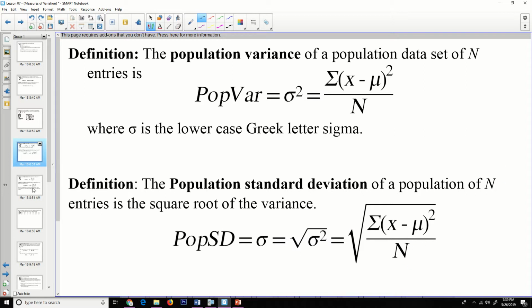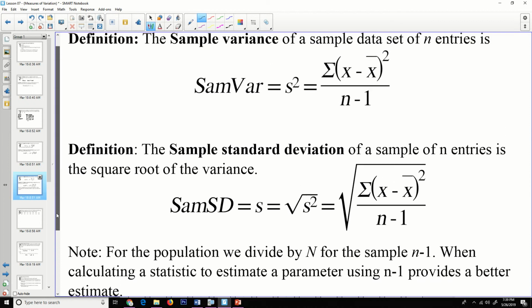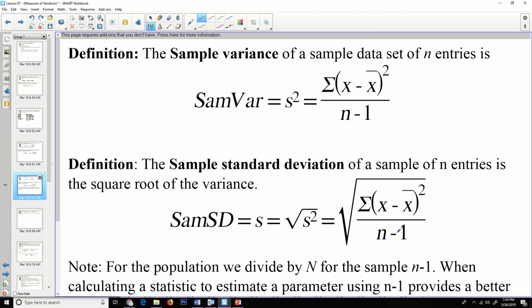So if our population was 15, we'd use 15, but when we're doing standard deviation of a sample, if our n was 15, we'd use 14. The book only gives us the statement that when calculating a statistic to estimate a parameter, using n minus 1 provides a better estimate. I think it's because when you divide by a smaller number, you get a bigger value, so it makes the standard deviation slightly larger to include more values.